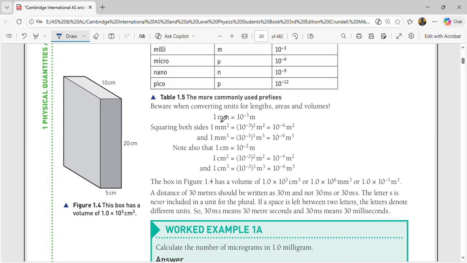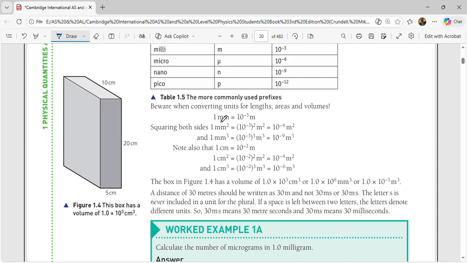We cube either side, so we shall have 1 cubic meter equivalent to 1000 million cubic millimeters. Let me just say it in exponent: 1 cubic meter will be exponent 9 millimeters cubed.